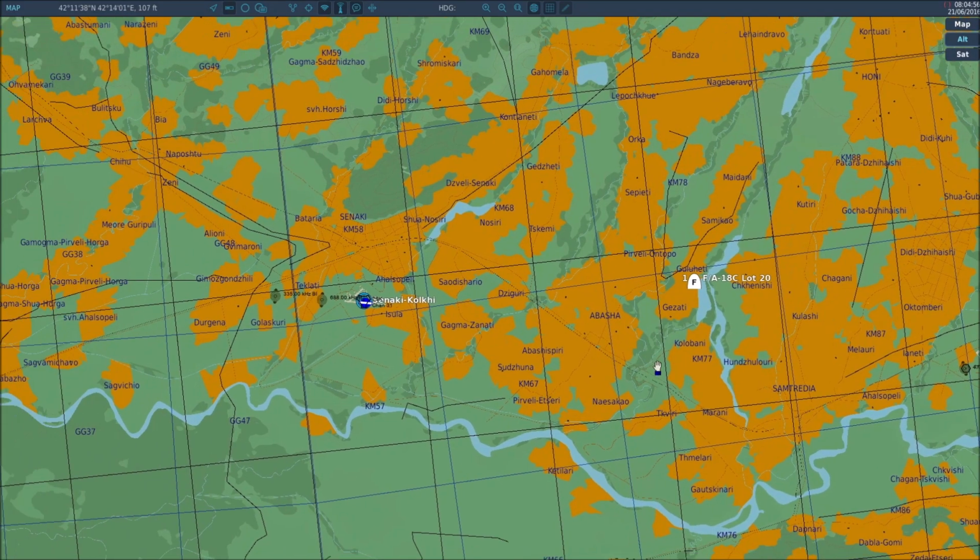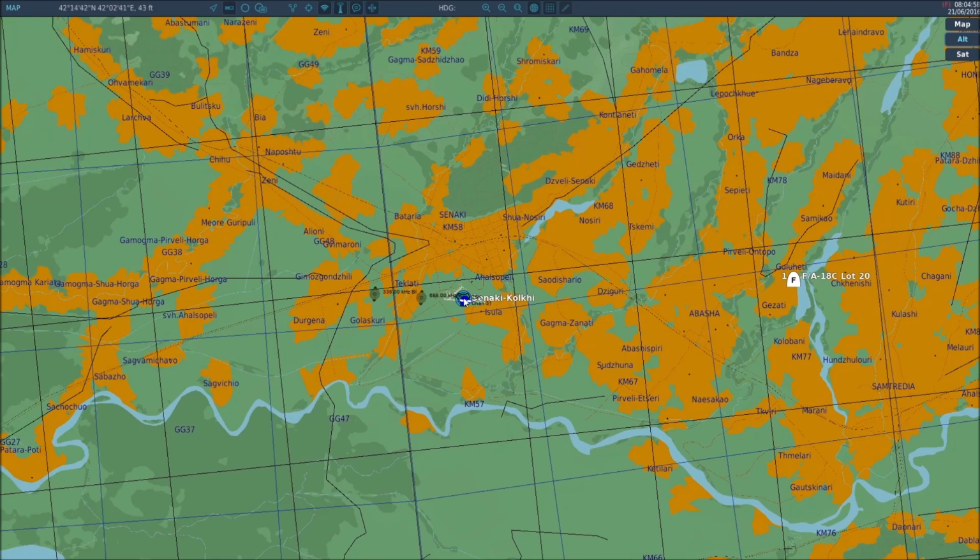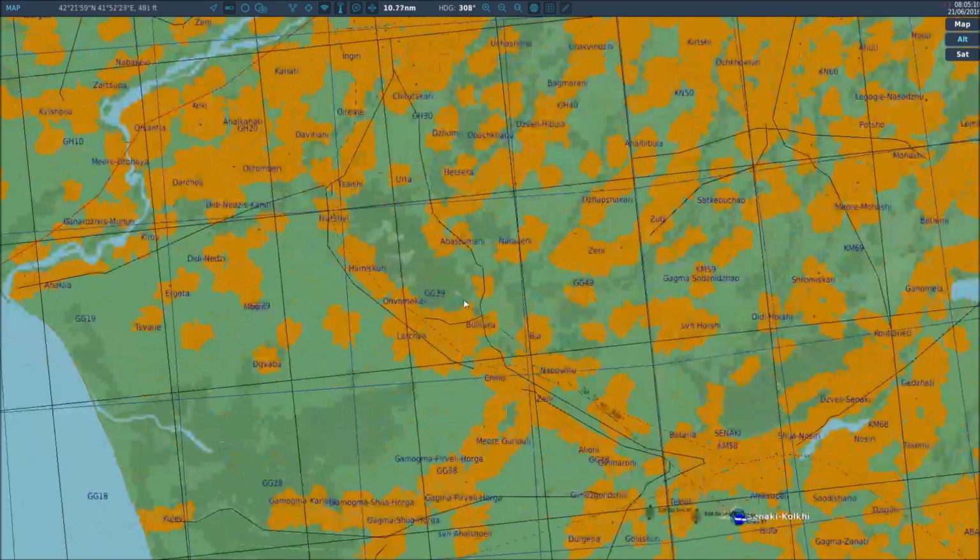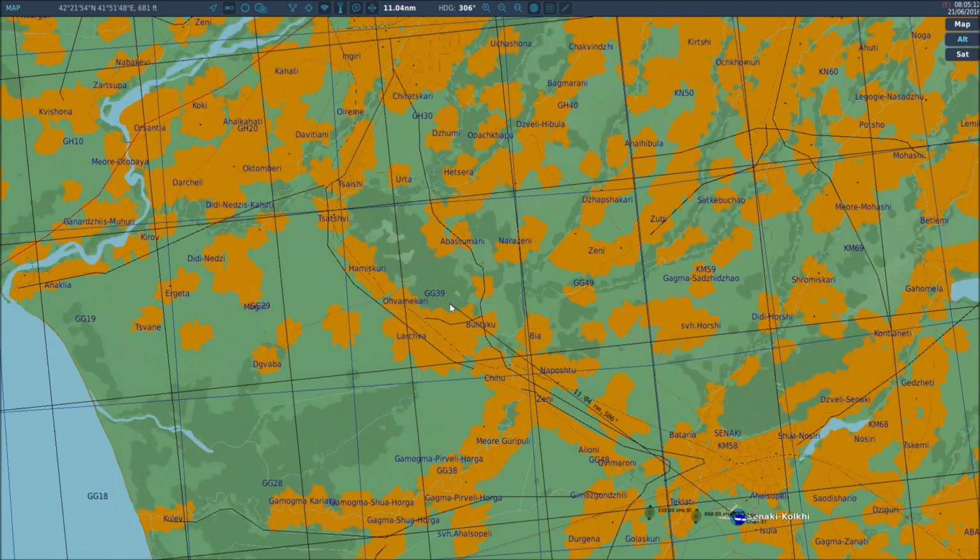Let's orient ourselves in the F10 map. So right now we are on radial 080, 10 nautical miles, and I would like to go to radial 300, exactly 20 nautical miles.